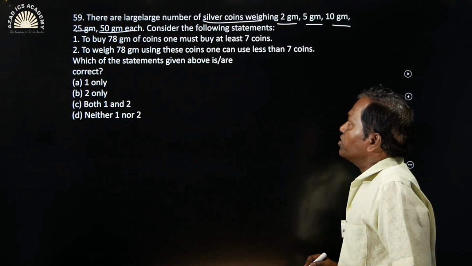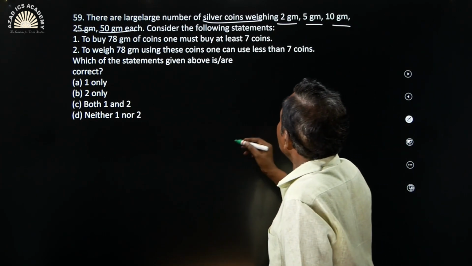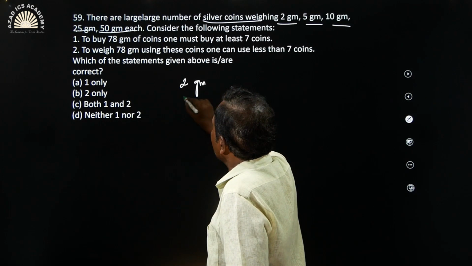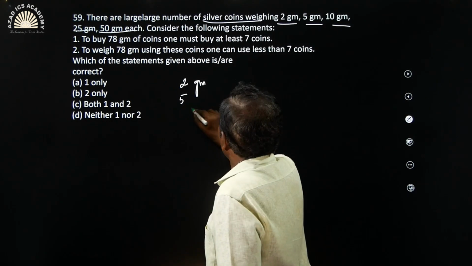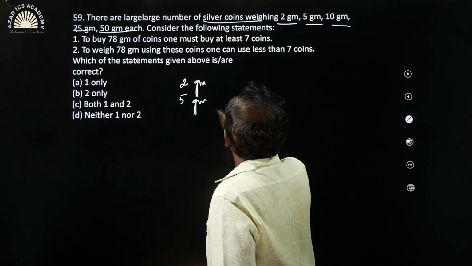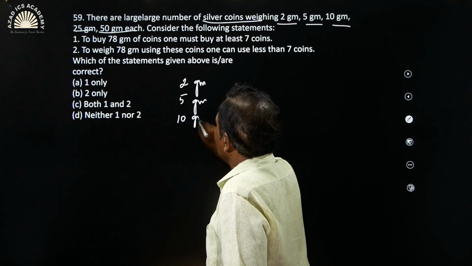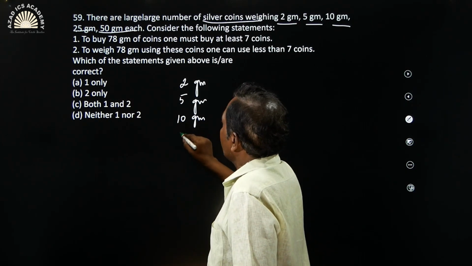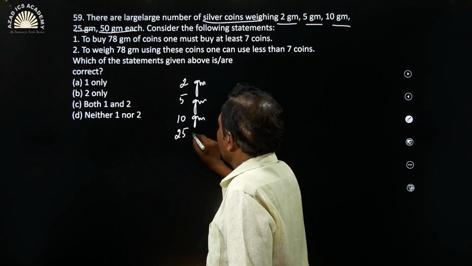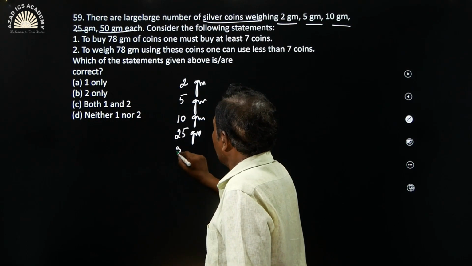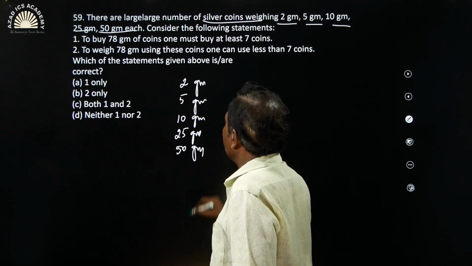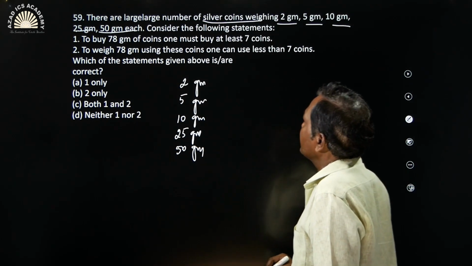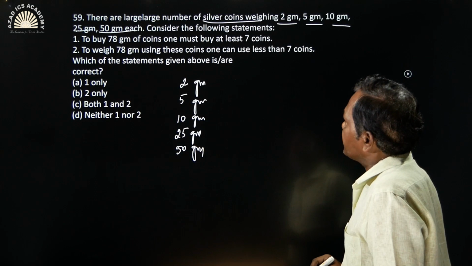There are 5 types of silver coins weighing 2 gram, 5 gram, 10 gram, 25 gram and 50 gram. 5 types of coins are there, each with a different weight.